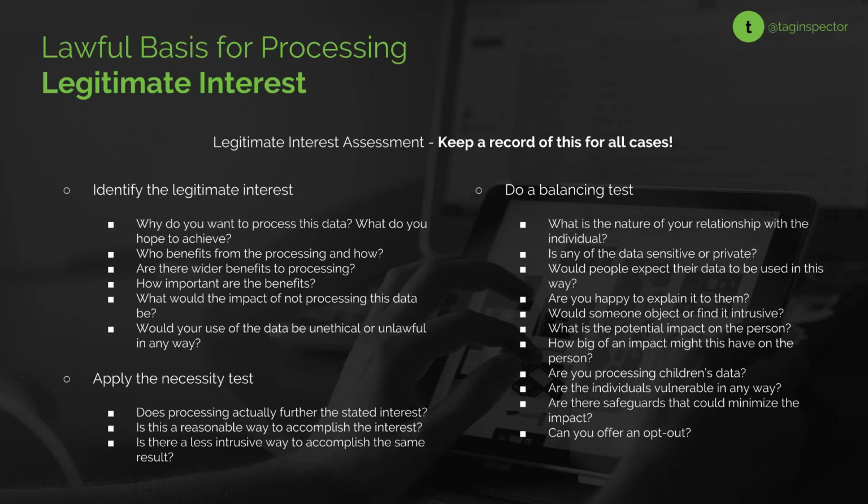Super important to note, there is no set formula as of now for a balancing test. Make sure that you're confident your stated interest outweighs the risks to the individual. You need to make sure that it's all documented, and it needs to be defensible. Again, defensible in the event of being looked at further by a governing body. You also must be transparent in your privacy notice that you're relying on legitimate interest, and clear and transparent in explaining what those interests are.